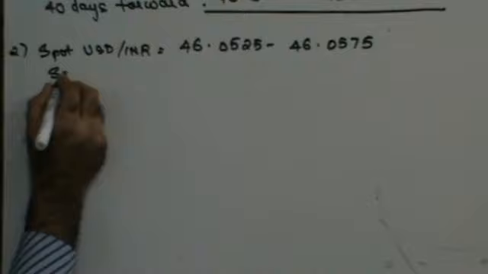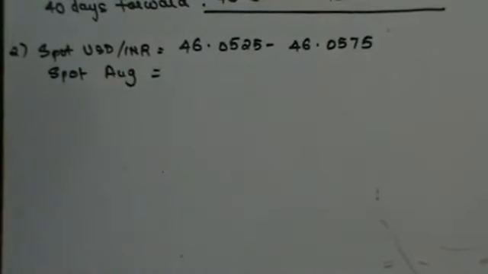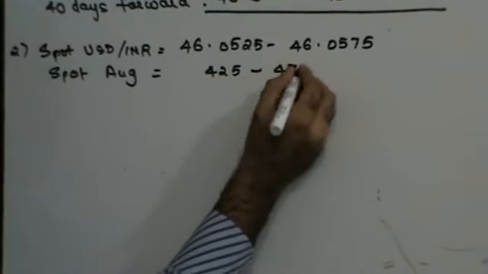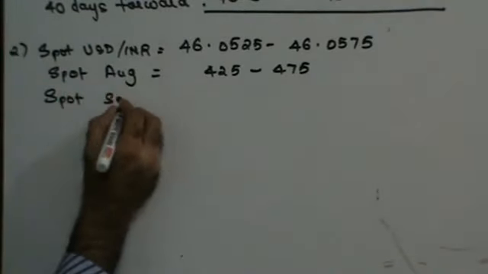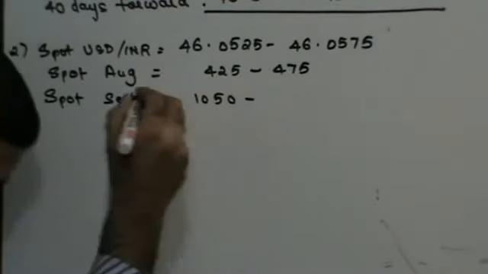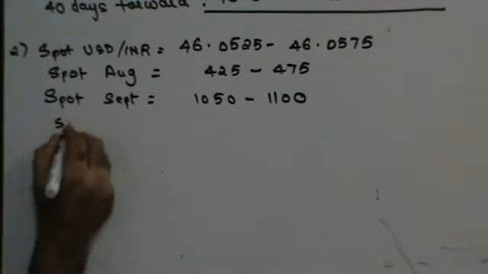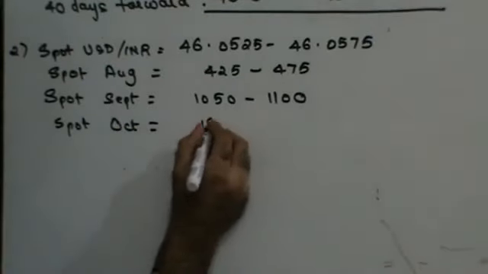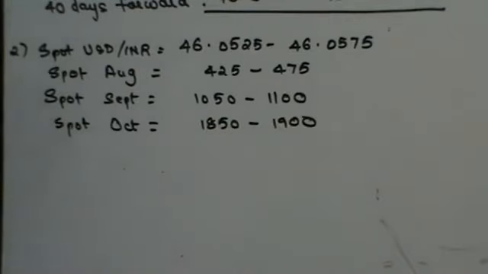Now, instead of giving you swap points, they are giving you spot August is 425, 475, spot September is 1050 and 1100, and spot October is 1850 and 1900, right?